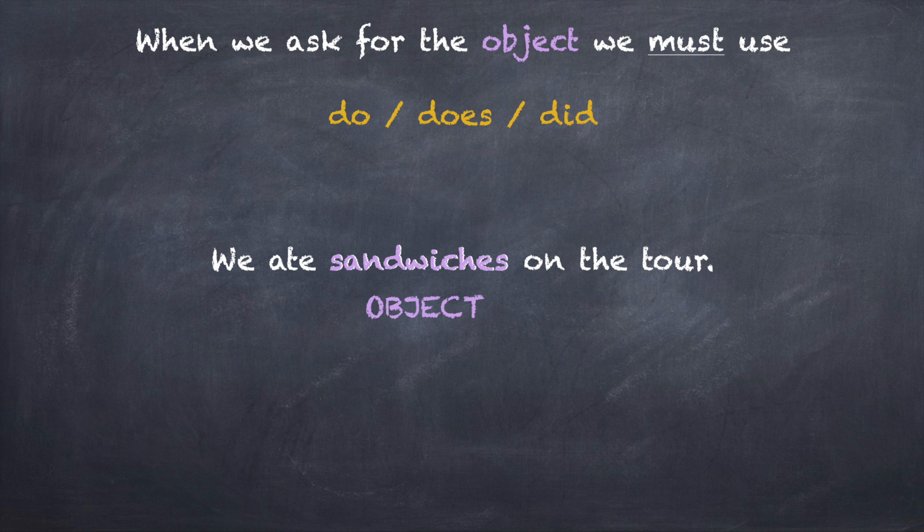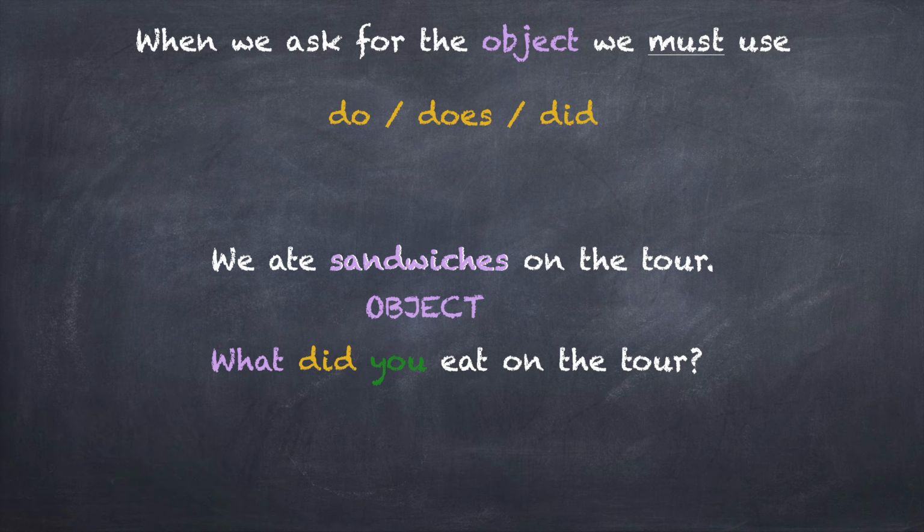And when we ask for that, the question is, what did you eat on the tour? And here you can see you have the question word what, then we need did, because you is the subject, and that's when we need do, does, or did in the question. And the answer would be, we ate sandwiches on the tour.